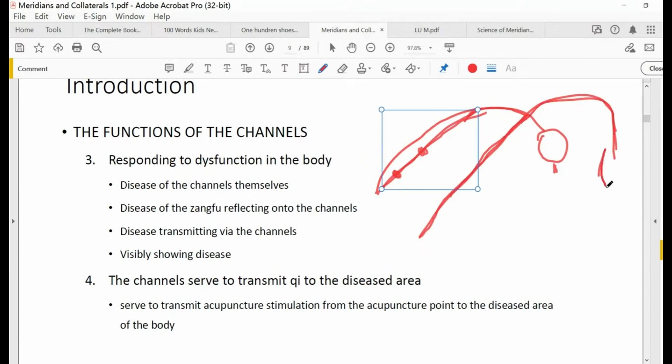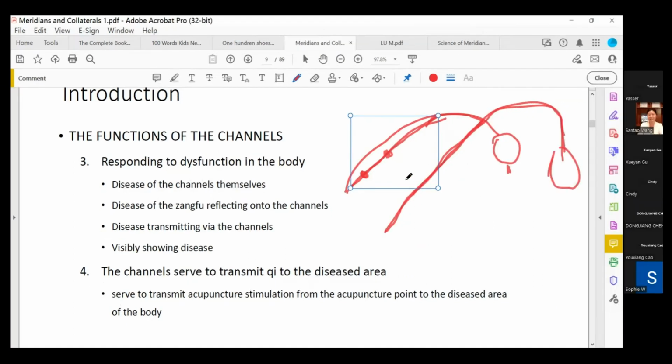And affect this channel's organs. So if this meridian is sick first, the disease will transmit to this meridian and to this organ.